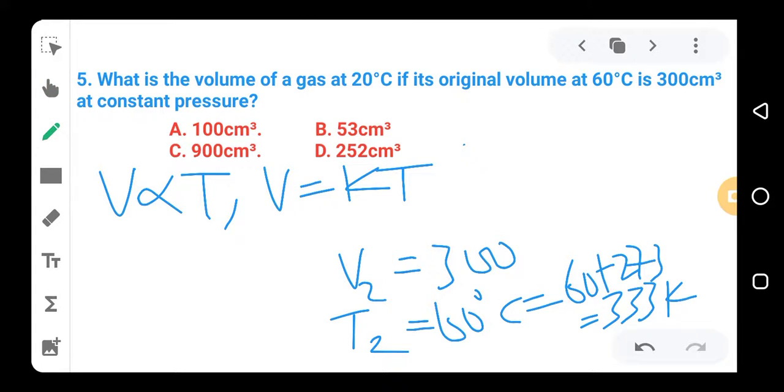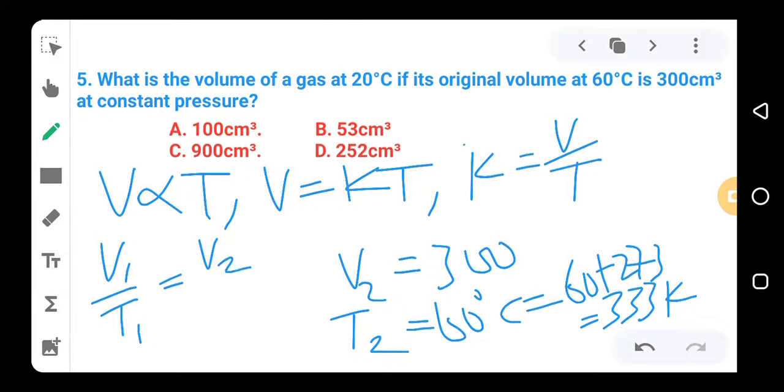If we want to make K the subject of the formula, we take T to this side. It is multiplication here, and on this side it becomes division. So K is equal to V over T. If we have different volumes and different temperatures, then we can say that V1 over T1 is equal to V2 over T2. This is Charles' law.